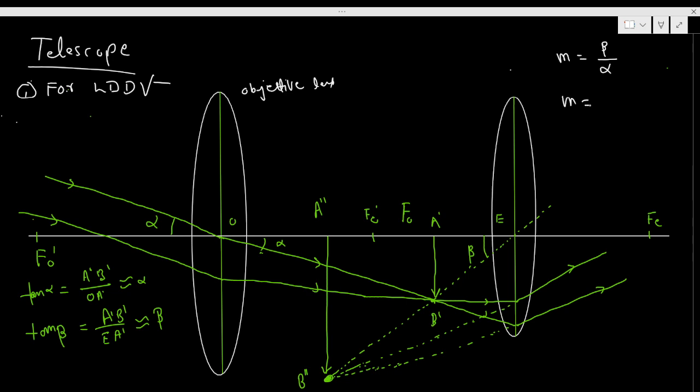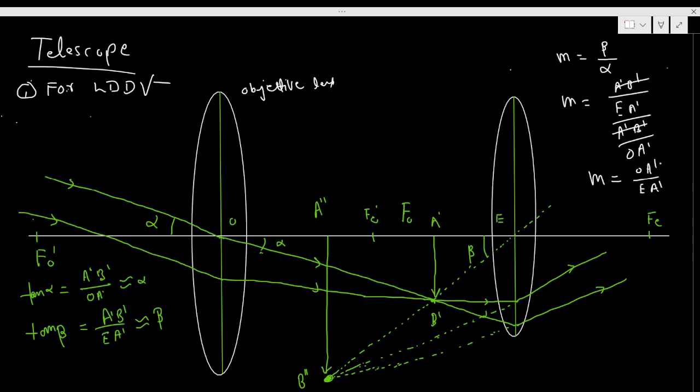Put the values. We got A dash B dash divided by EA dash, and then A dash B dash divided by OA dash. This should be cancelled out. We are left with OA dash divided by EA dash. So that's how we got the magnifying power.